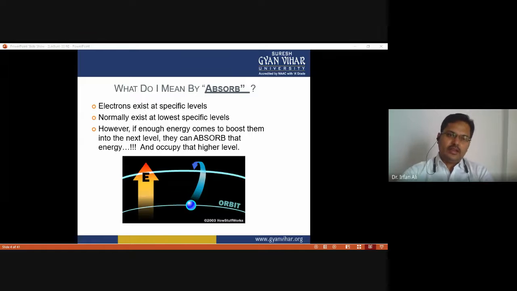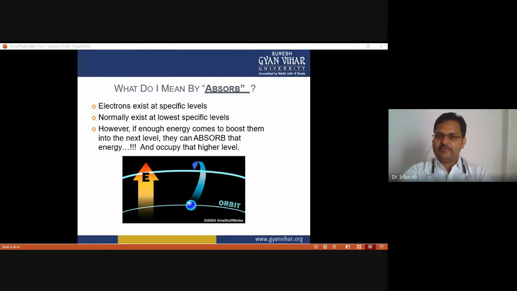As we know, when the pigment absorbs the light, particularly the electron found in its orbit absorbs that energy in the form of a photon. Electrons exist at specific levels in the pigment molecules, and normally exist at the lowest energy level when there is no absorption of light in the form of a photon.